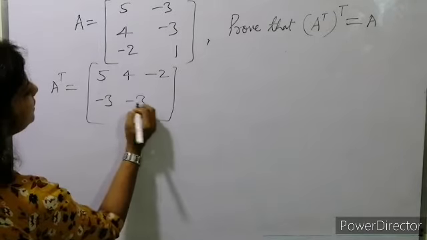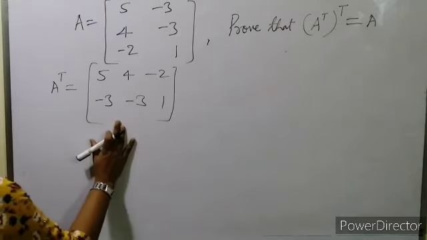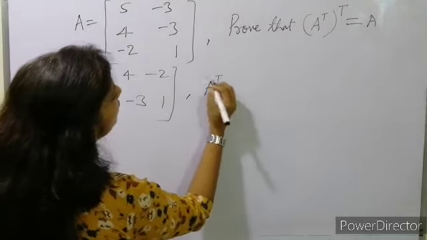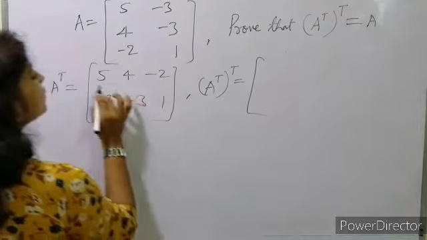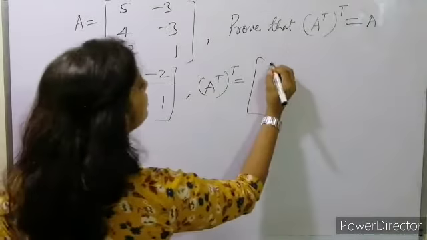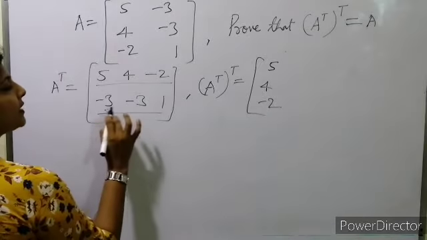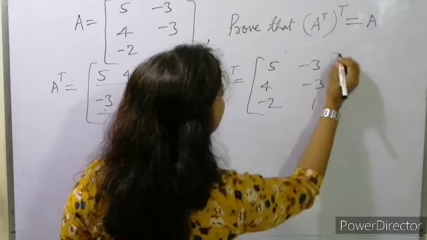This is A transpose. Now we find the transpose of this matrix. The first row becomes the first column, 5 4 minus 2, and the second row becomes the second column, minus 3 minus 3 1.